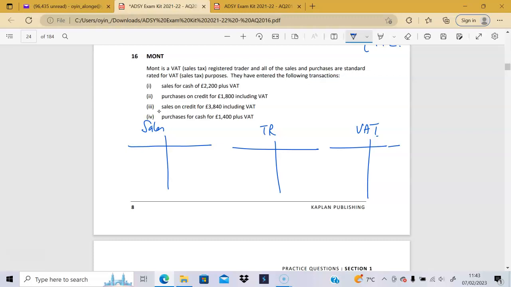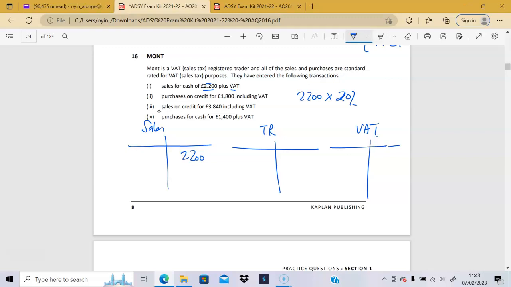In this case, where it says sales for cash 2,200 plus VAT, 2,200 is yours. Now it says plus VAT, so this is at 100%, and I need to work out the VAT on top of this, right? So take 2,200 and multiply that by 20% to find out what the VAT is. 2,200 times 0.2, you get 440.